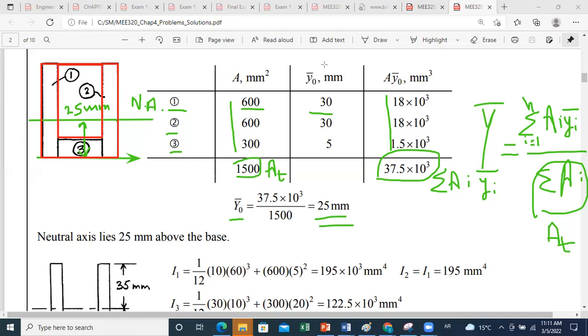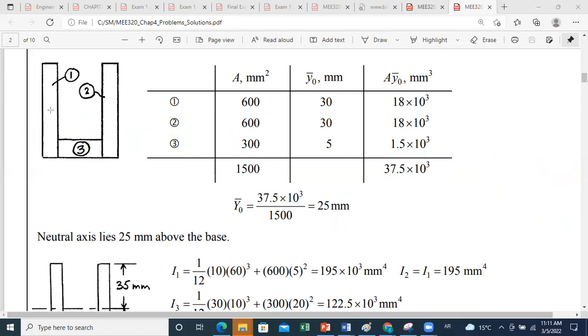Let's say for surface 1, I know its inertia about an axis passing by its centroid, but I don't know its inertia about the neutral axis of interest here. So here I have 2 axes. I have the neutral axis that is of known location, 25 millimeters above the bottom line.